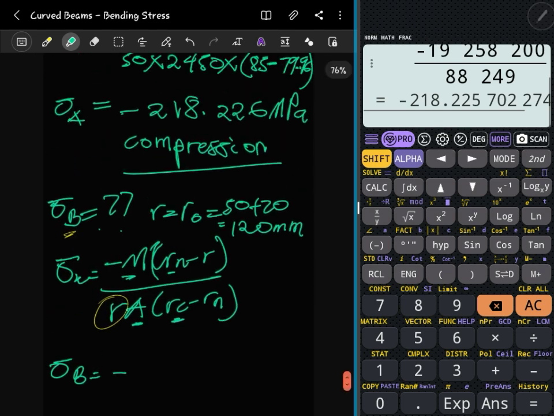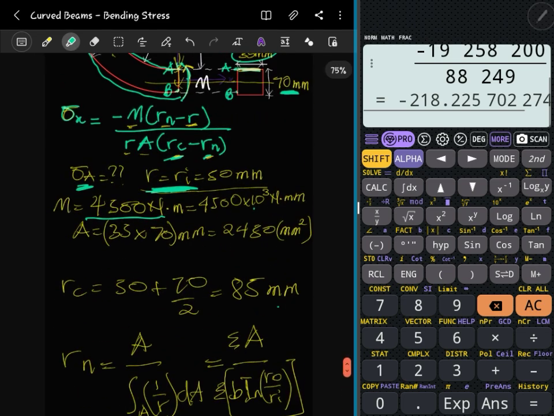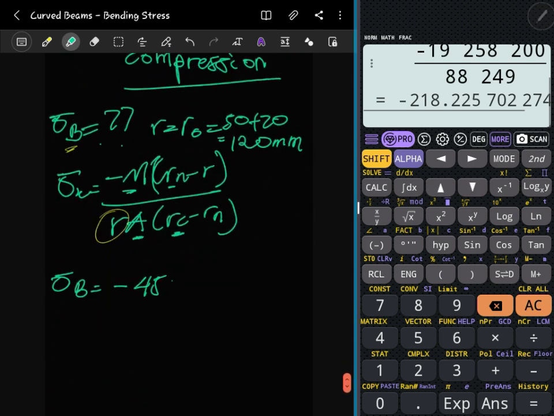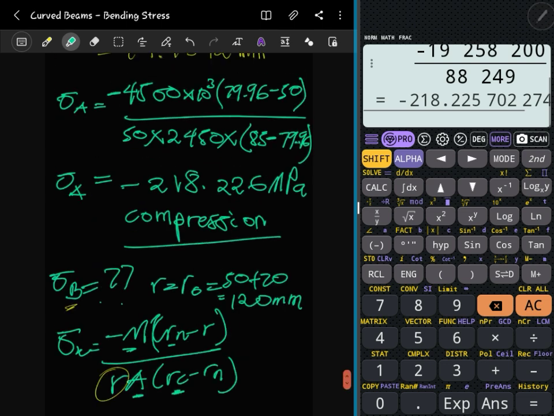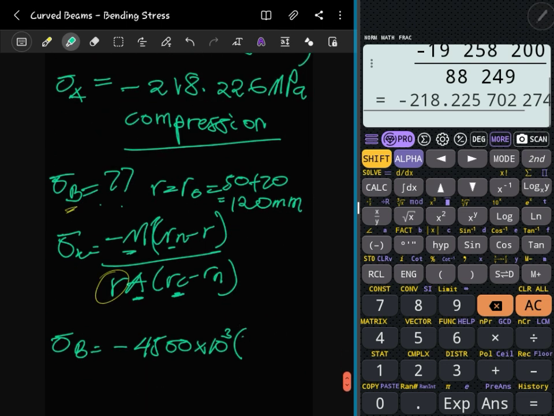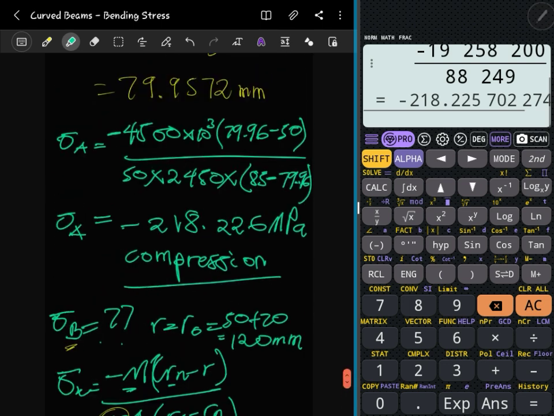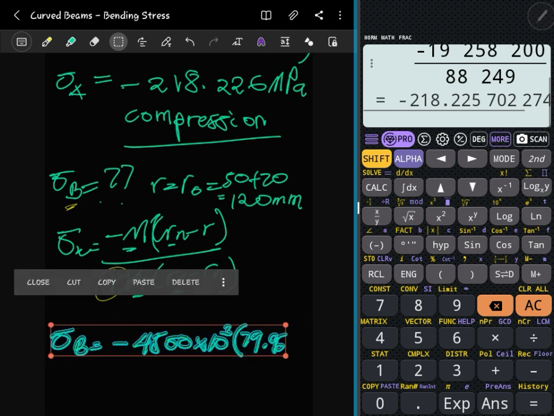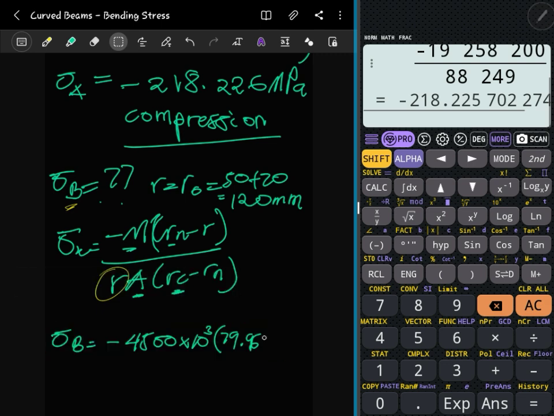So stress at B is minus, the moment, which we've changed to millimeters, 4500 times 10 to the power 3. Our Rn we know to be 79.96. We've approximated, but use the actual value. And then we have R here.